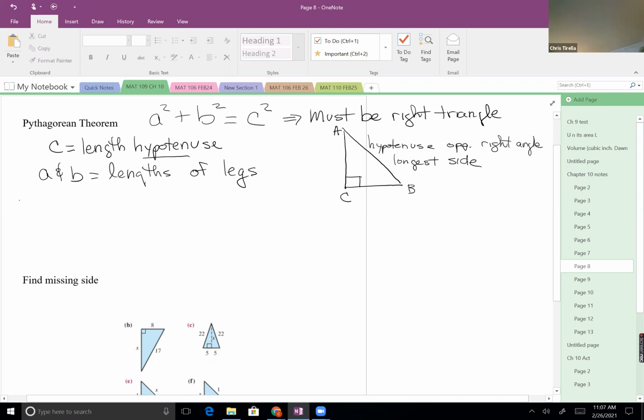And we can use it a couple of ways. We can use it to show a triangle is right. If the Pythagorean theorem holds true, it's a right triangle.